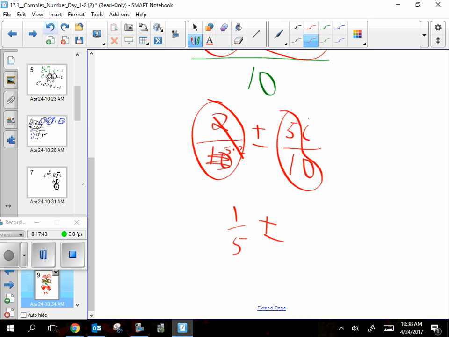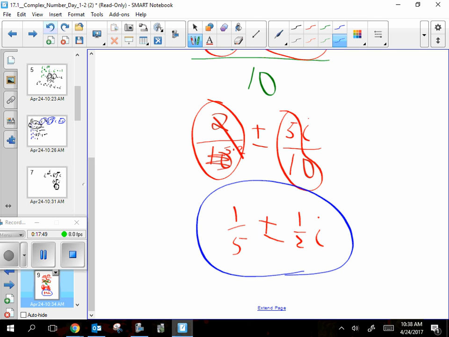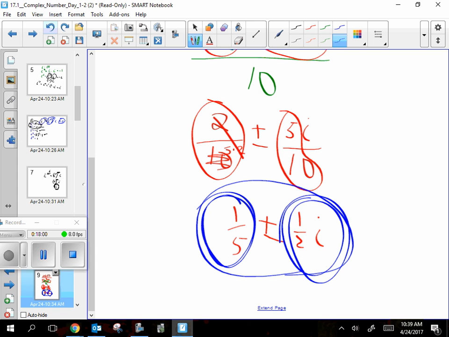Why would this be better? Because it's separated into the 2 parts. Remember me saying there's a real part and an imaginary part in a complex number? This is the real part, no i's. This one, the imaginary part. So that is a good idea, and I'm glad you brought it up.